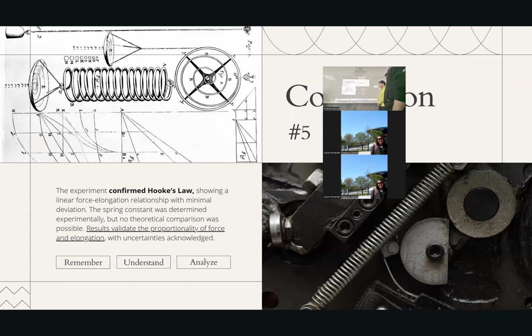Finally, as a conclusion, we confirmed with our experiment that Hooke's law was proved, because, as we saw in the equation, the force is proportional to the distance the spring is stretched or compressed. Yeah, that's it.